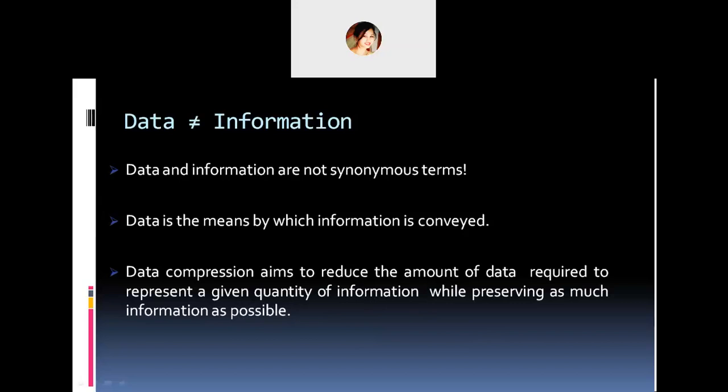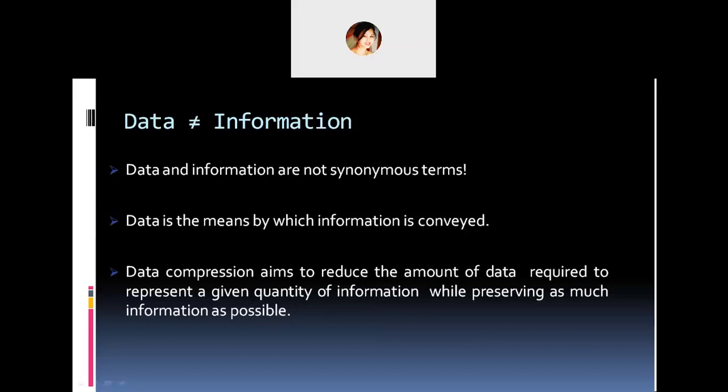Today I'm taking revision classes only, because we have so many topics in DIP, and only 2 units are left. We'll start the fourth unit tomorrow, but before that you have to remember the topics: data compression, image compression, data and information. These terms you have to remember every time.